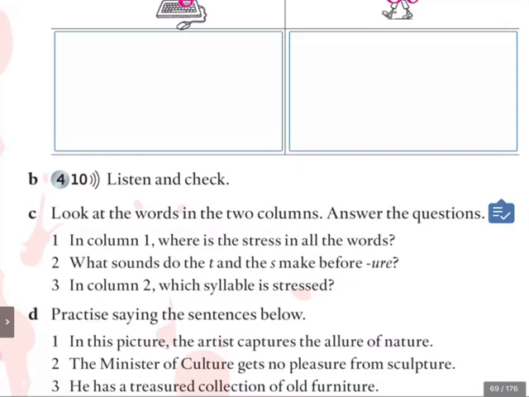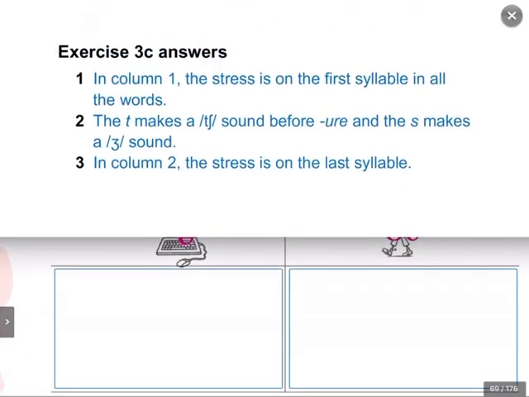Column 1. Where is the stress in the words in column 1? This really is the key to the pronunciation of the U-R-E. In column 1, the stress is on the first syllable in all the words. When we talk about the schwa in English, it is considered a weak sound, so we're never going to find the schwa in the stressed syllable of the word.